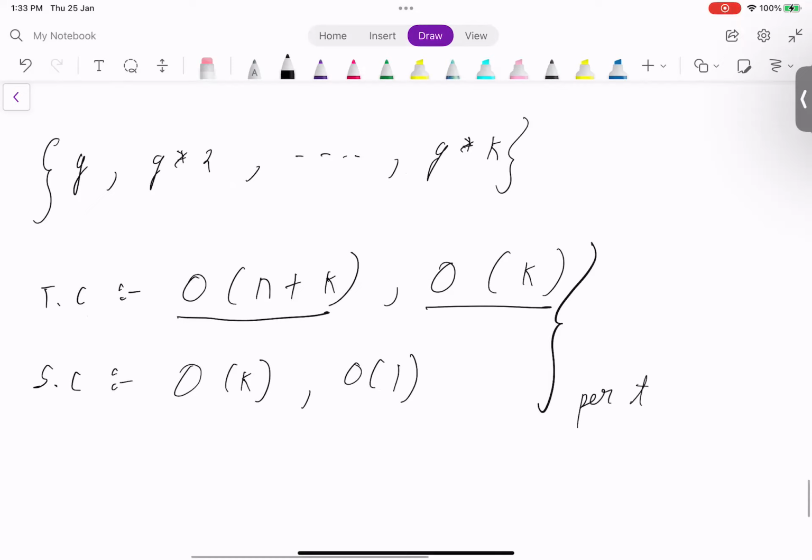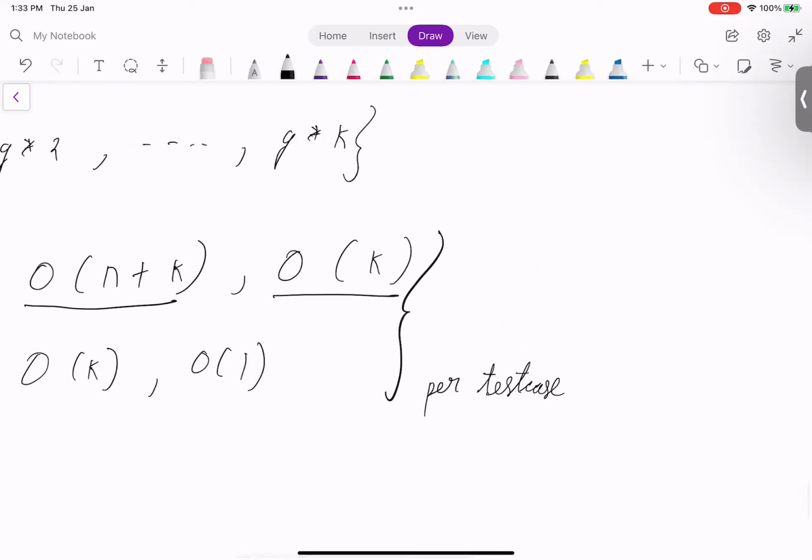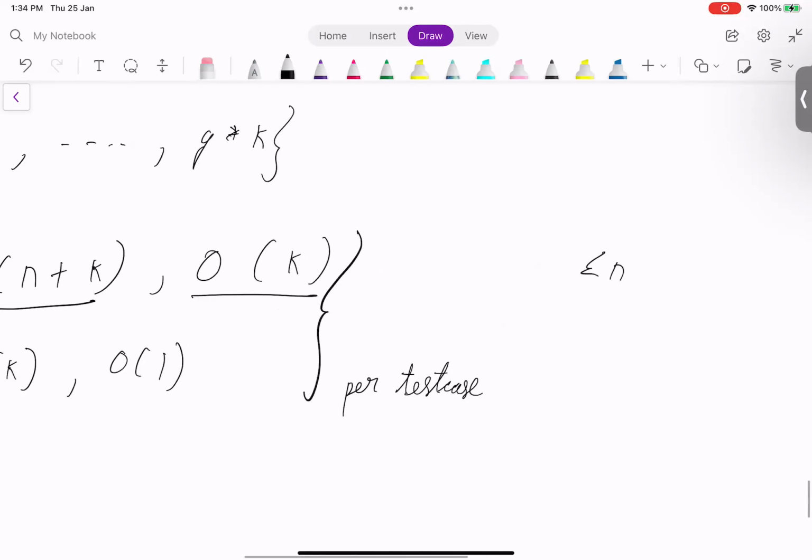These are per test case. Time complexity of big O of N plus K and big O of K are both allowed, and space of big O of K and big O of 1 are both allowed, according to the constraints and the given time limit of the problem. It is mentioned that the summation of N over all test cases won't exceed 2 into 10 power 5.